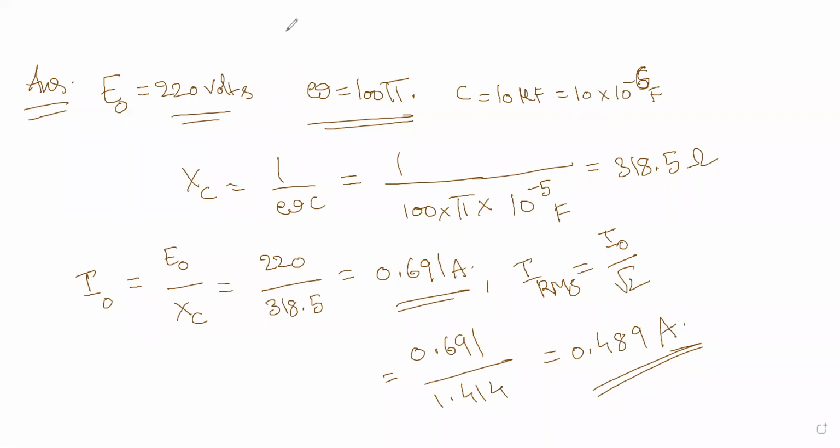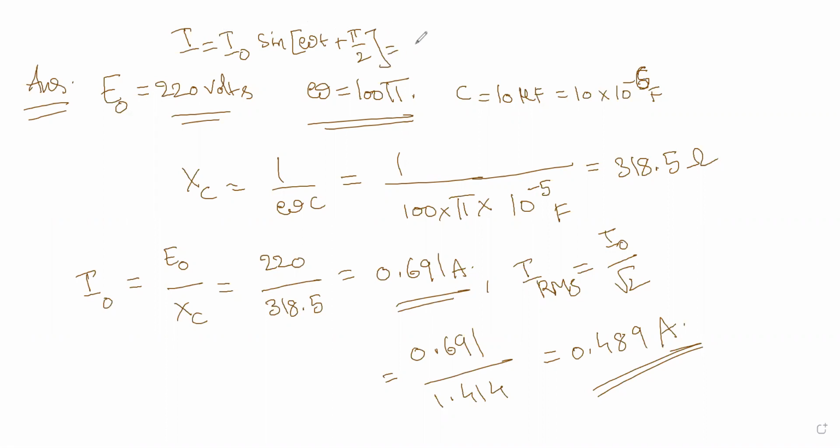So the instantaneous current they asked us. Instantaneous current means the current equation you have to write. I is equal to I naught sine of omega t plus pi by 2. This is how you get for the case of a capacitor.